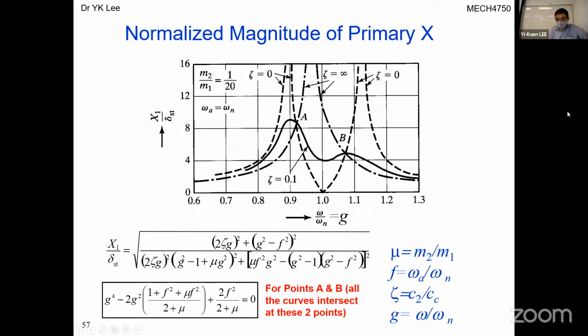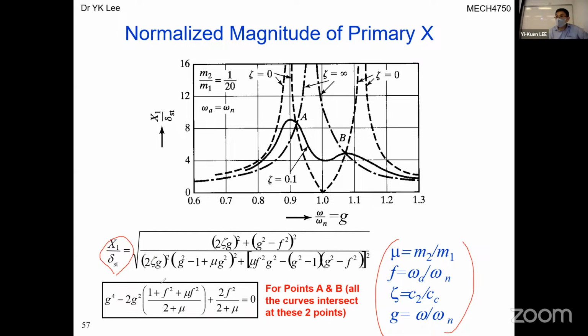For this case we have a lot more parameters compared with the original design without damping: a mass ratio, frequency ratio, normalized damping, and G. So in this case, I'll show you that it will be more complicated to work on this kind of design.